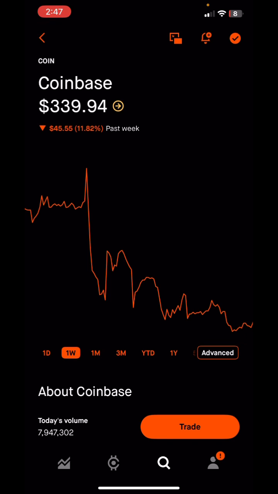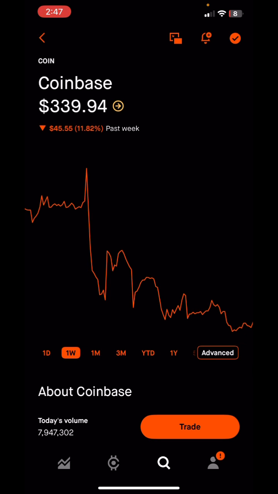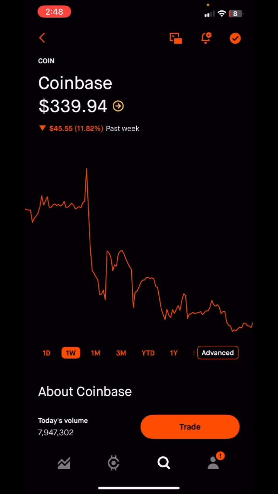So it's at 339. Just round the numbers off, 340, and on the 10th it was at, just say, 400. So that's a $60 drop. And today's just the 16th. So within a week, a $60 drop.